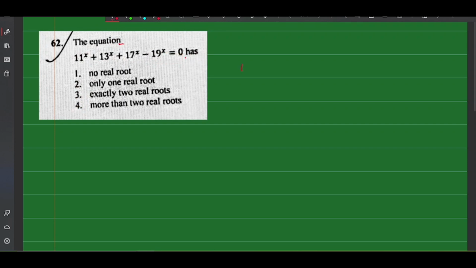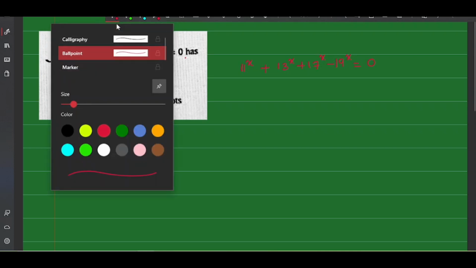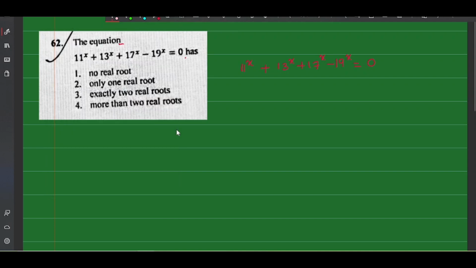Consider the equation 11 raised to x plus 13 raised to x plus 17 raised to x minus 19 raised to x is equal to 0, and divide this equation by 19 raised to x. Then (11 by 19) raised to x plus (13 by 19) raised to x plus (17 by 19) raised to x minus 1 is equal to 0.